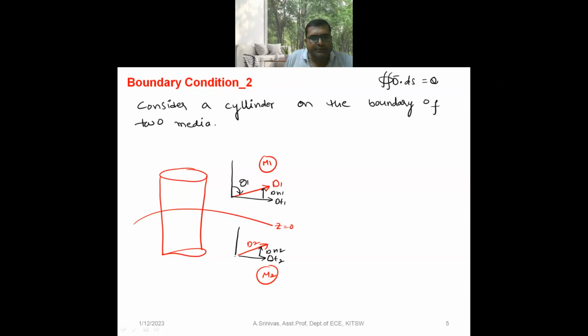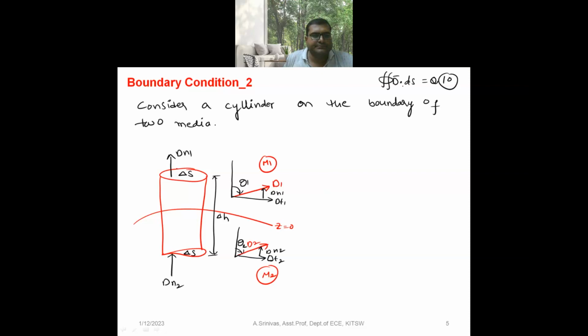The angle made by D2 in medium 2 with respect to normal is theta 2. It is delta s. The height of the cylinder is delta h. Dn1 in medium 1, Dn2 in medium 2. From Gauss law, let us assume it as equation 10.